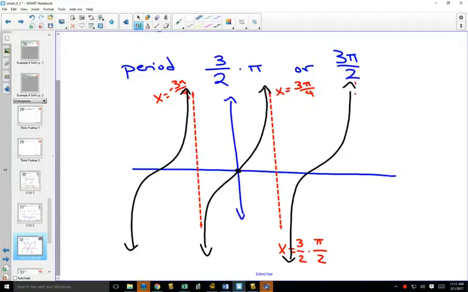If you wanted to label one more asymptote, since this period, from here to here, is 3 pi over 2, if you started at 3 pi over 4 and added 3 pi over 2, get a common denominator of over 4, you'll get your next asymptote will be at 9 pi over 4. Yes?